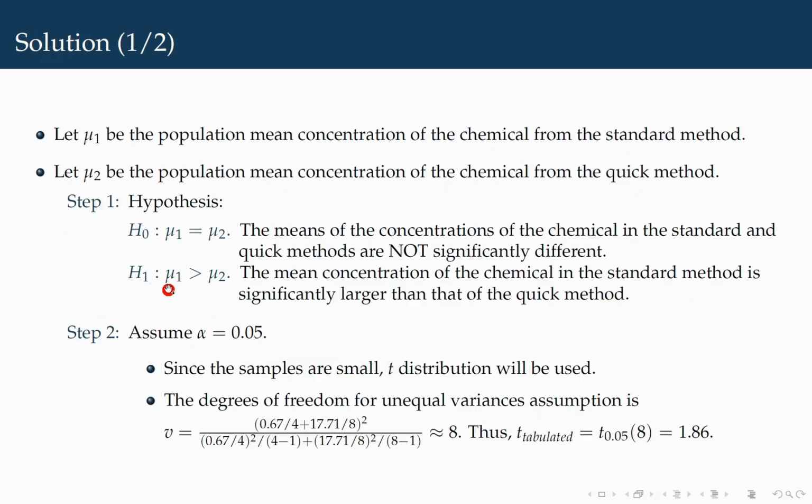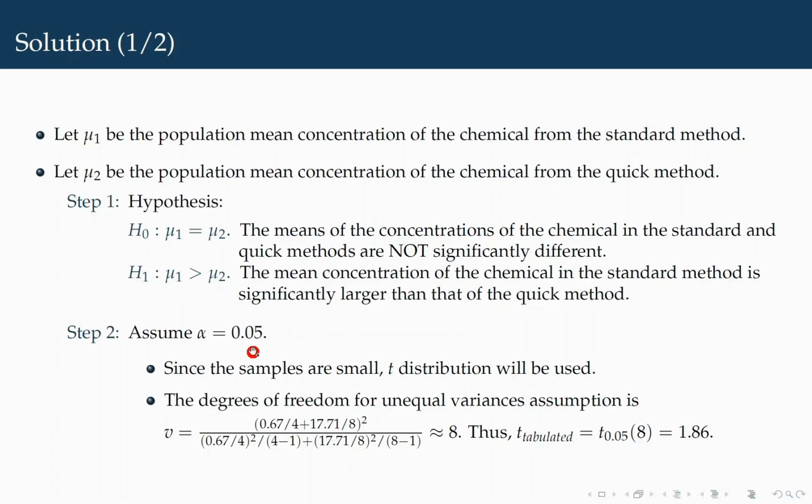So we need to write H1: mu1 is greater than mu2. That means the mean concentration of the chemical in the standard method is significantly larger than that of the quick method, or the quick method has a lower mean concentration of the chemical. Then this is a one-sided test, or we have a one-sided alternative hypothesis.